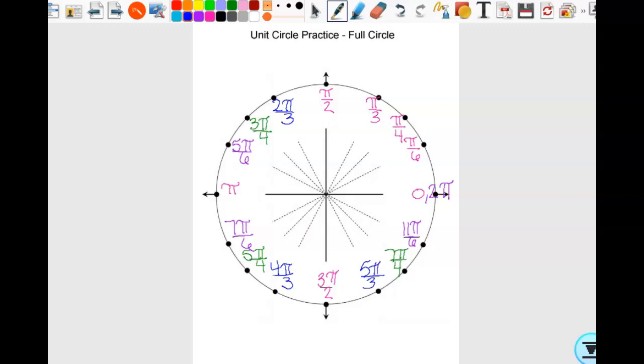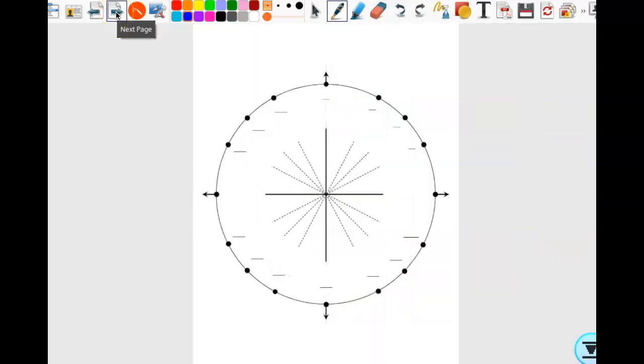Okay, so now I want you to fold this however you have to fold it, so this is all you see, the other blank one. And then I'm going to give you a minute or so, and I want you, without looking at anything, without cheating, to fill in all your radian angles to the best of your ability.